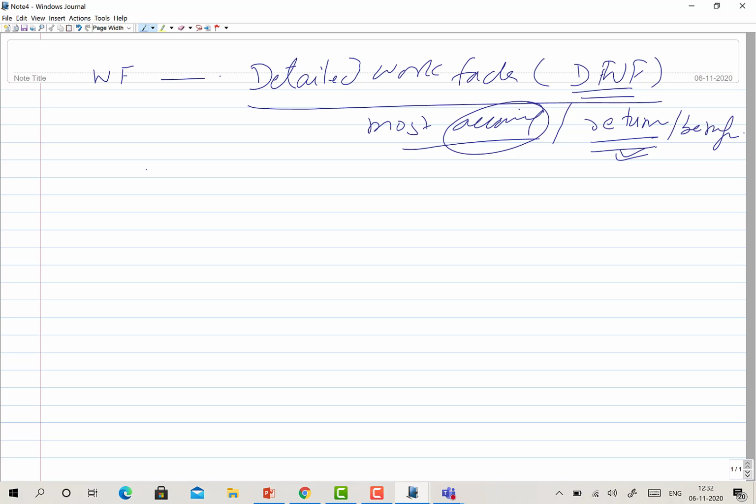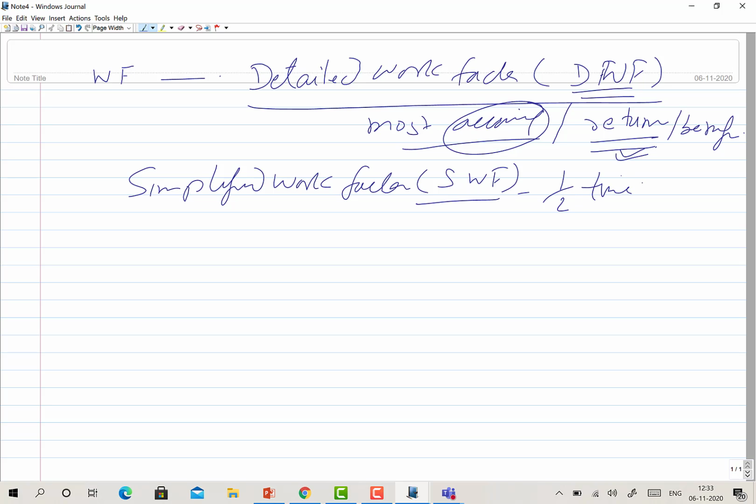Then there is the simplified work factor method, SWF. It takes approximately half of the time as compared to the DWF, and reasonably good accuracy is realized. Then there is a third method, the abbreviated work factor method.